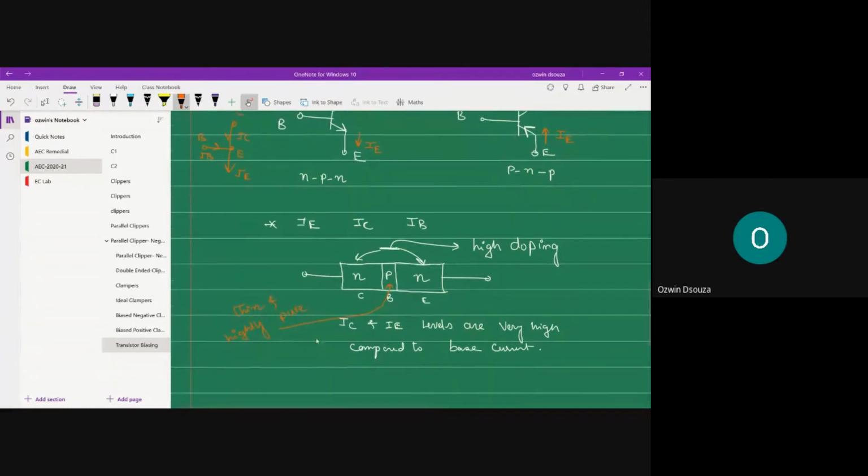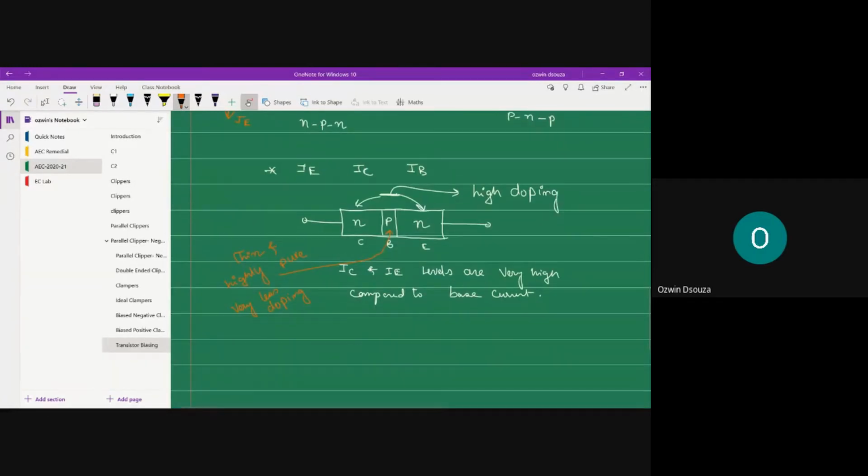What do I mean by highly pure? Very little doping. That's the meaning of purity, and that's the reason your base current is very small in comparison with the emitter and collector currents. So as I already mentioned, for an NPN transistor, the emitter current is the summation of the collector current and the base current.